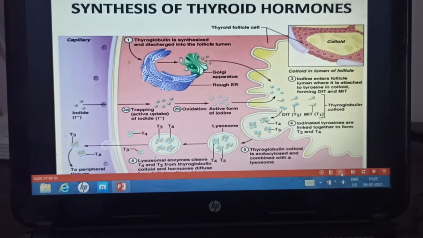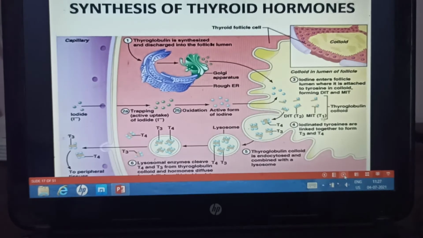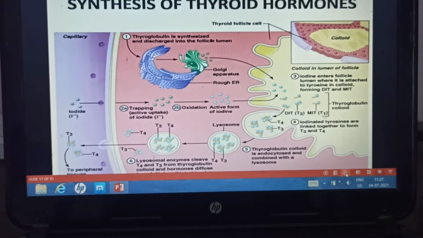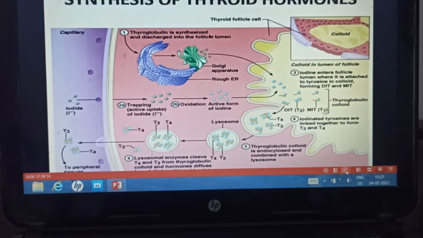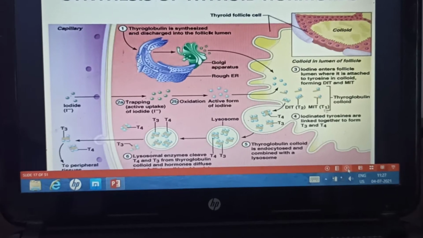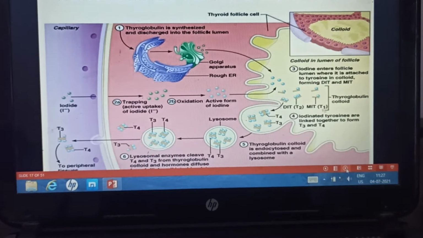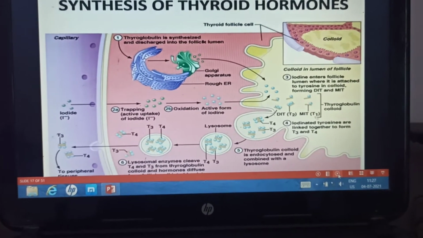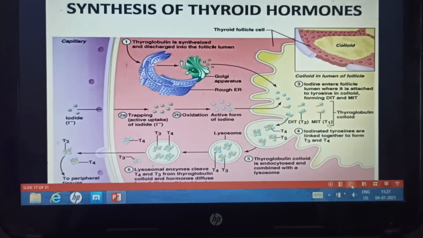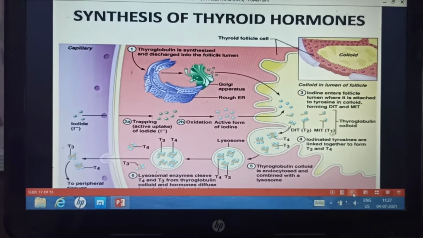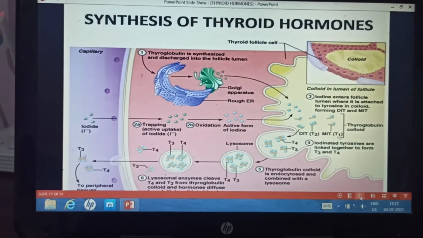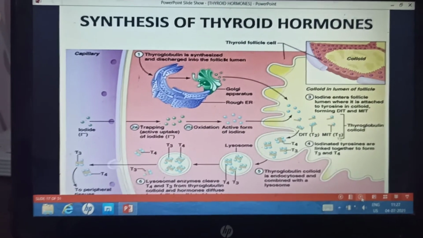Second step is the trapping of the iodide. So iodide trapping takes place, which is an active transport process, against the concentration gradient and with the use of ATP. So ATP is required, energy is required for this active transport.